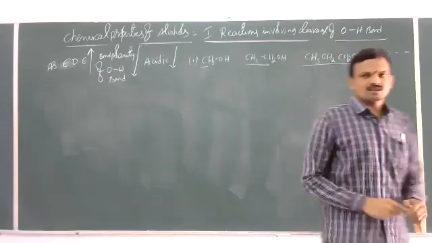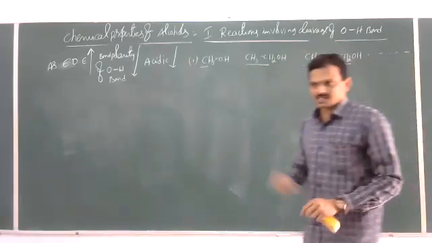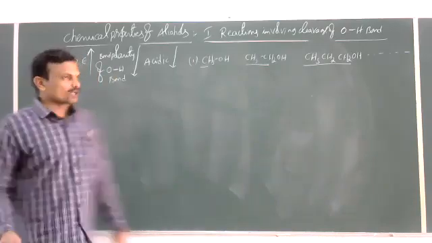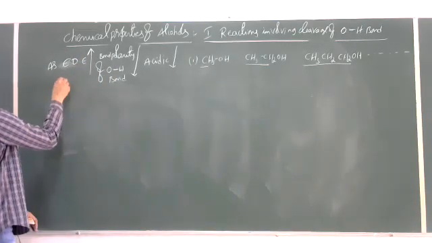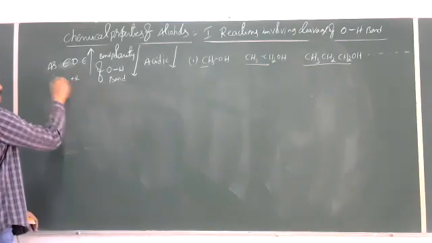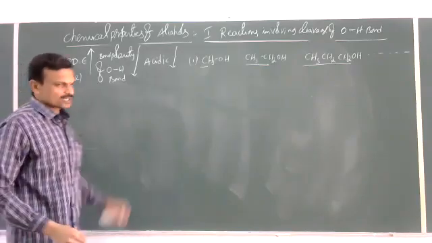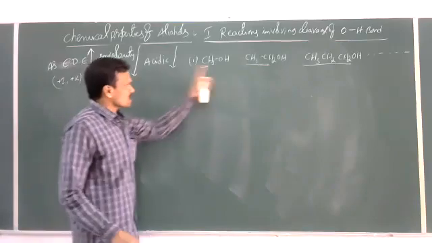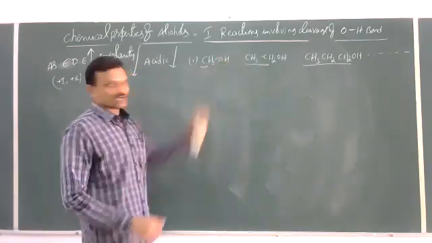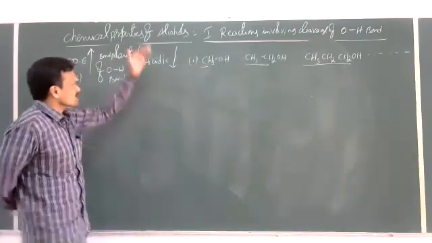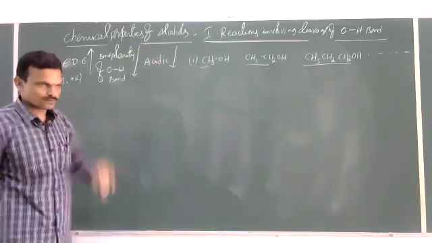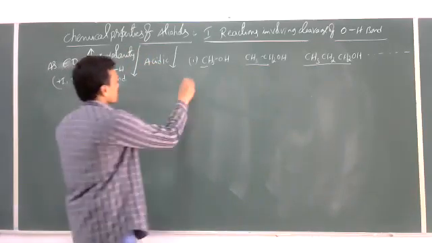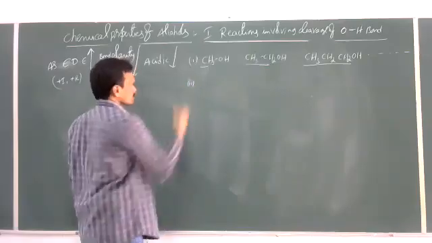So the presence of electron releasing groups, that is electron donating groups, plus I as well as plus R groups, releases electrons towards oxygen. As a result, the bond polarity of the OH bond decreases and hence acidic strength also decreases. This is one. Now let us take one more example.